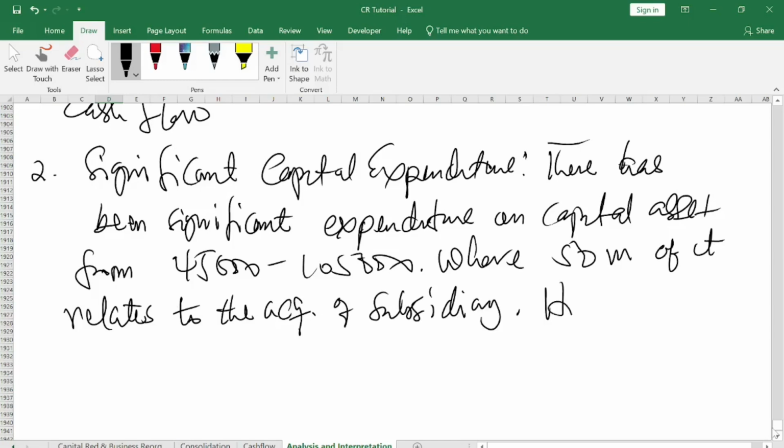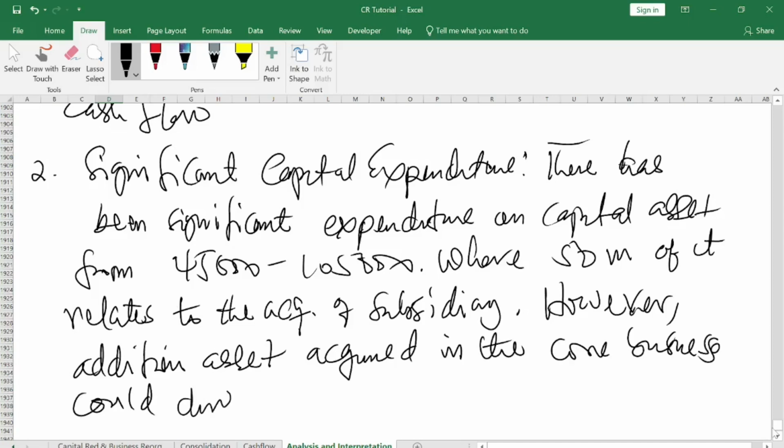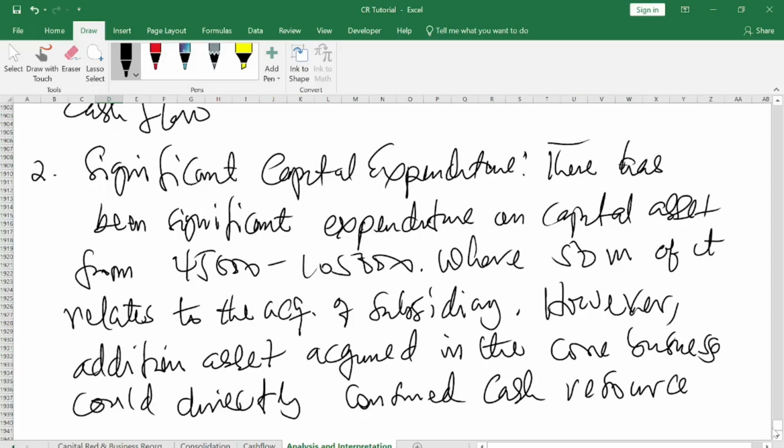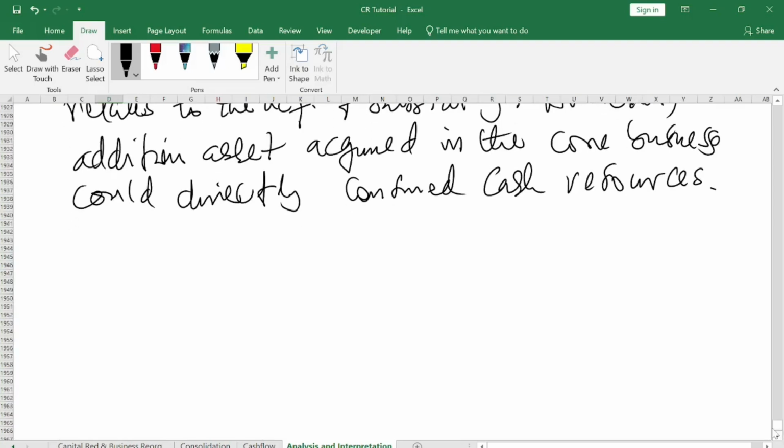However, additional assets acquired in the core business could directly consume cash resources. We invested so much in asset acquisition, which will deplete the cash available. Okay, let us also look at something here.